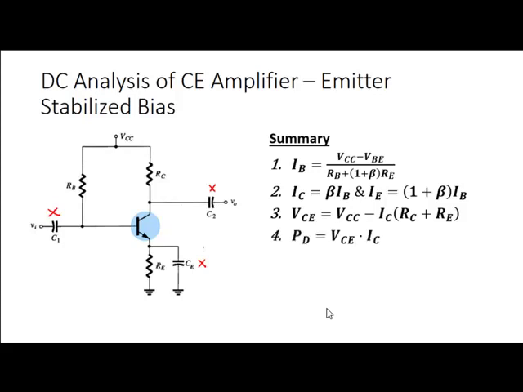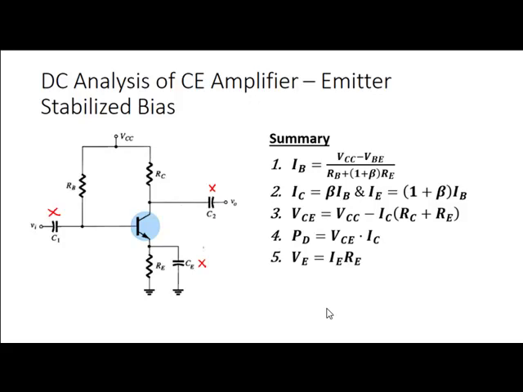Then static power dissipation PD can be calculated as VCE into IC. Then all the node voltages were marked and VE was calculated, as VE is the voltage drop across the emitter resistor RE. So VE will be equal to IE times RE.